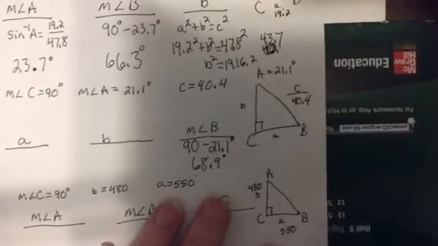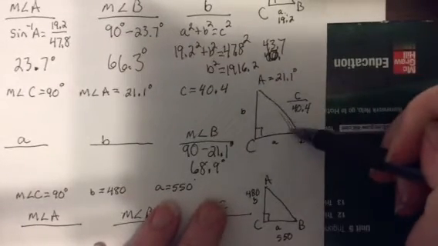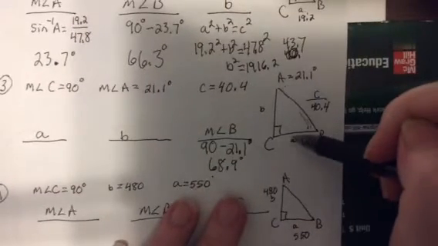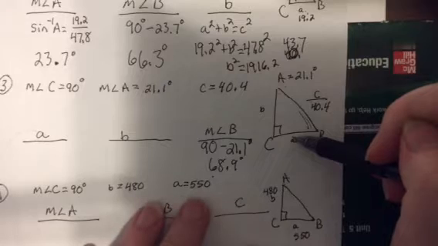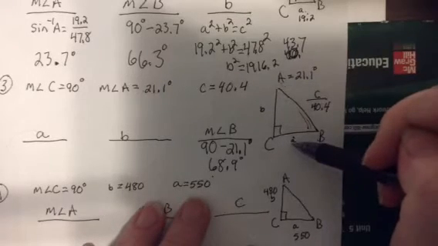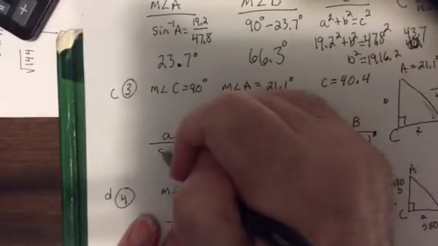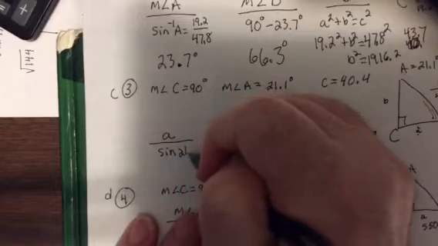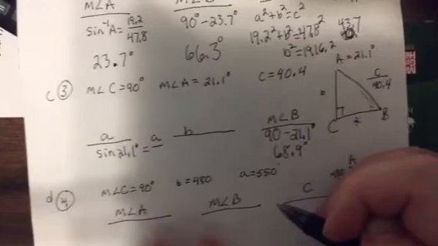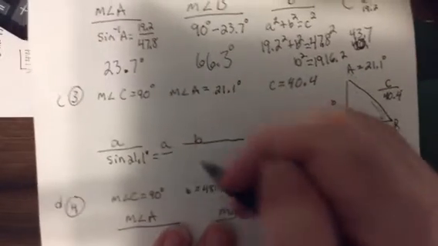Now, with trig, I know the hypotenuse, so I'm going to use angle A. So angle A is opposite over hypotenuse, which is sine. So it'd be sine of 21.1 equals A over C. And we know that C is 40.4.